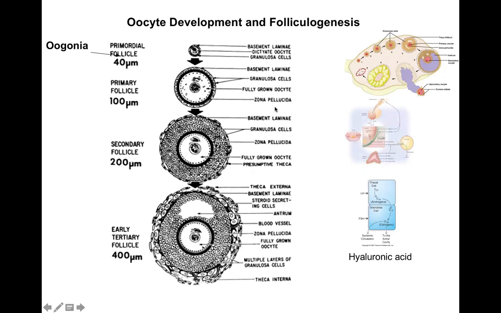Number one, they start producing estrogen under the influence of LH and FSH, mainly FSH. FSH helps in the proliferation or division of these follicular cells, which forms multiple layers. And in addition to that, it forms a layer known as the thecal cells. And these thecal cells in addition help the granulosa cells to produce estrogen.